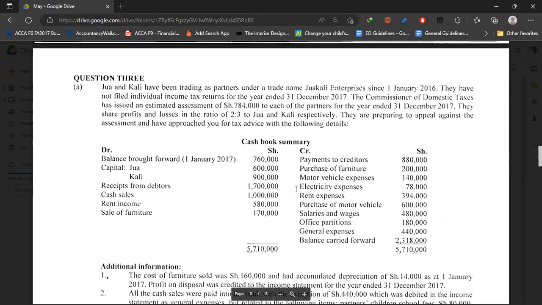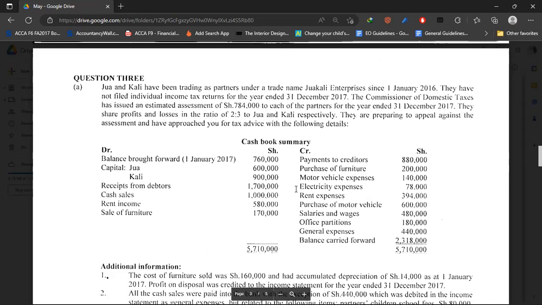They have not filed individual income tax returns for the year ended 31st December 2017. The Commissioner of Domestic Taxes has issued an estimated assessment of 784,000 shillings to each of the partners for the year ended 31st December 2017. They share profits and losses in the ratio of 2:3 to Jua and Kali respectively. They are preparing to appeal against the assessment and have approached you for tax advice with the following details.